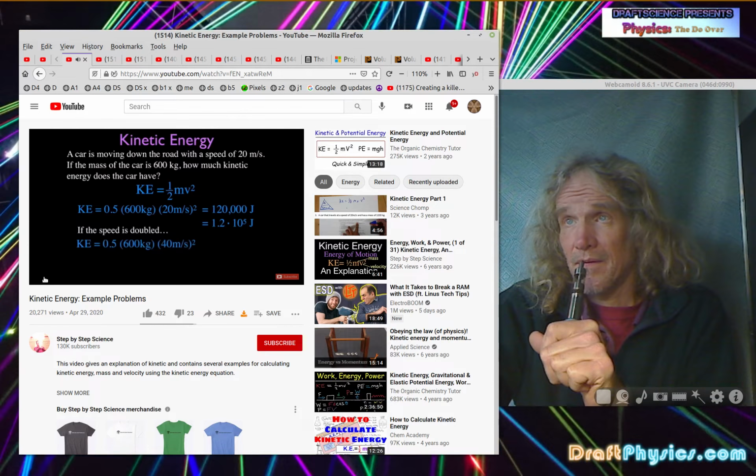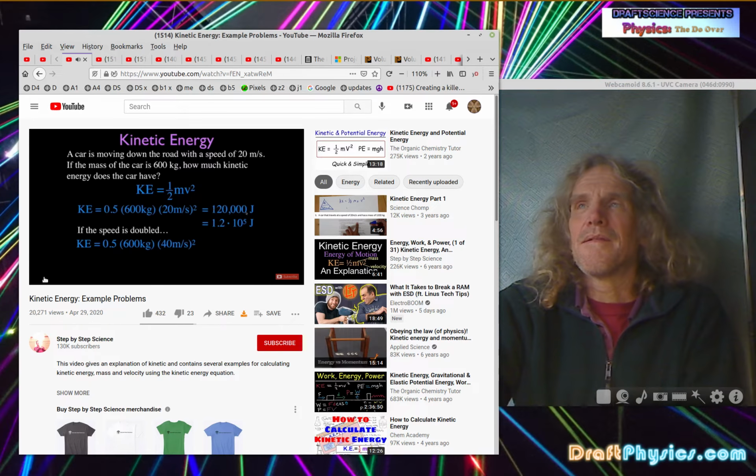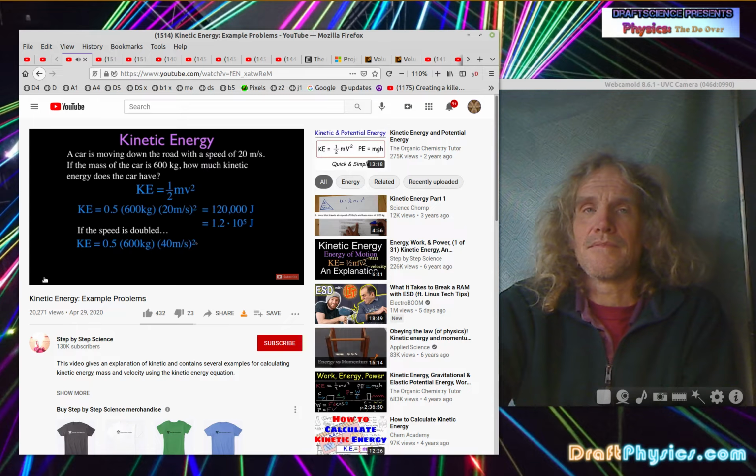Anything else? So let's just check it out. We can calculate it really quickly. 0.5, 600, so we double the velocity, double the speed, but remember, it's the speed squared, so it's like doubling the double. And so the kinetic energy is not going to just be 240,000, because we're doubling and then we're squaring. It's going to be 4 times as much.